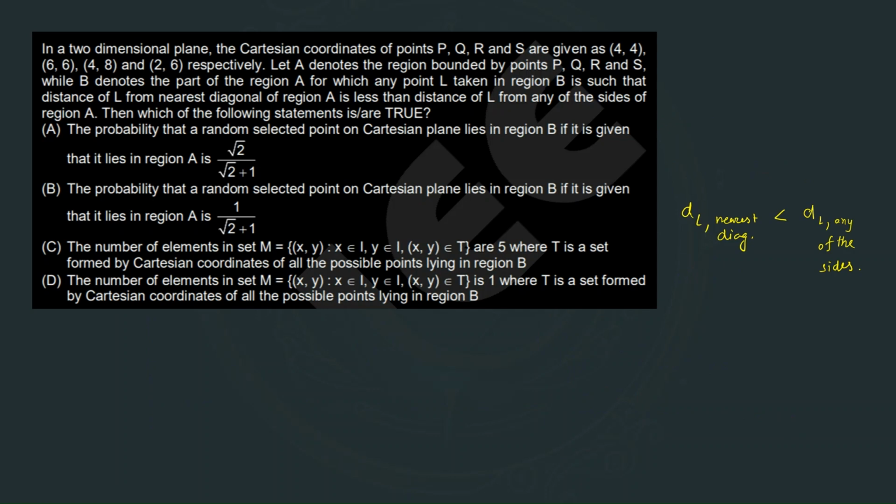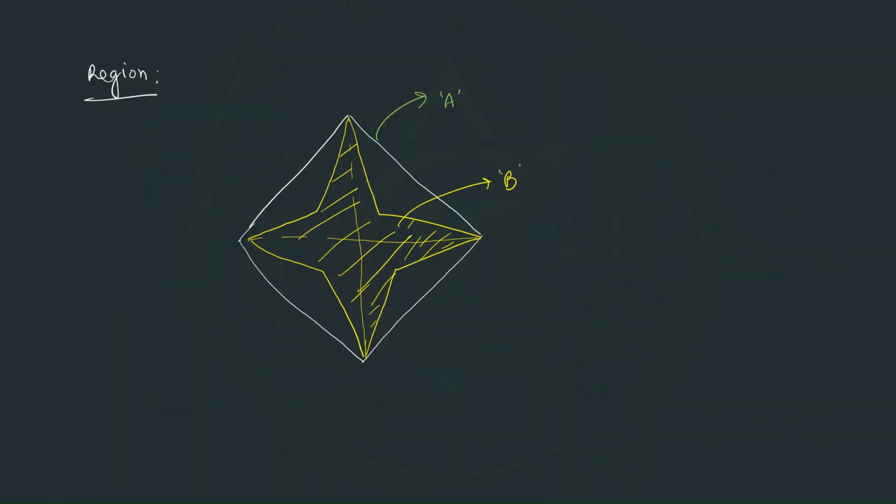Okay. So the first two options are saying that we have to find the probability that a randomly selected point on the xy plane lies in region B if it's given that this point lies in region A. So the probability will be simply the probability of the point lying in region B divided by the probability of the point lying in region A. Now, whenever we are talking about some region, basically geometrical probability is what we need to consider.